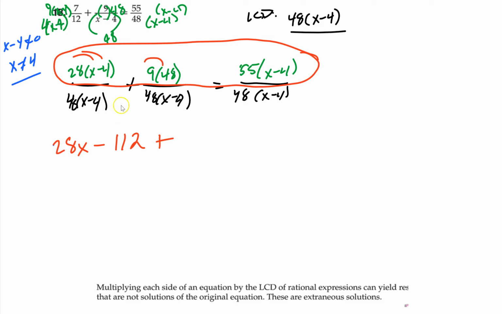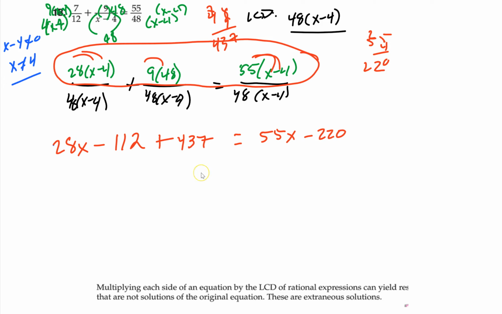Oh, that's going to suck too. Let's see, 48 times 9, 72, 36, that's 432. Equals, distribute the 55. 55 times 4 is 220.